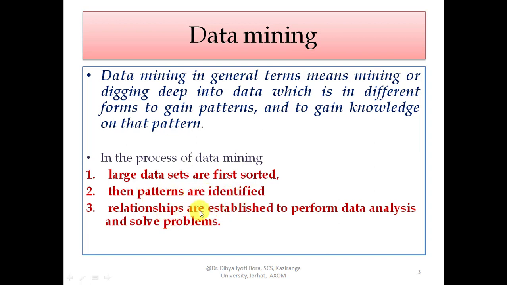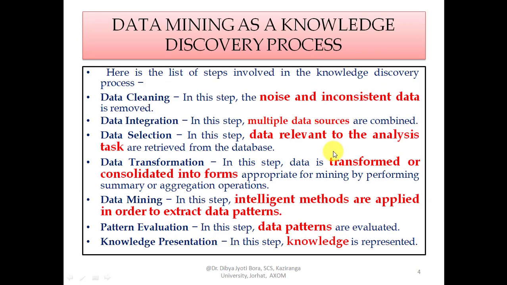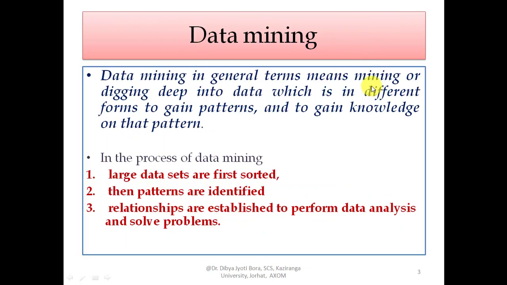Then, relationships are established to perform data analysis and solve the problem. That means, after identifying the patterns, you need to perform a clearer observation on those patterns and thereby establish relations which will help us to solve some particular problem. Clear?